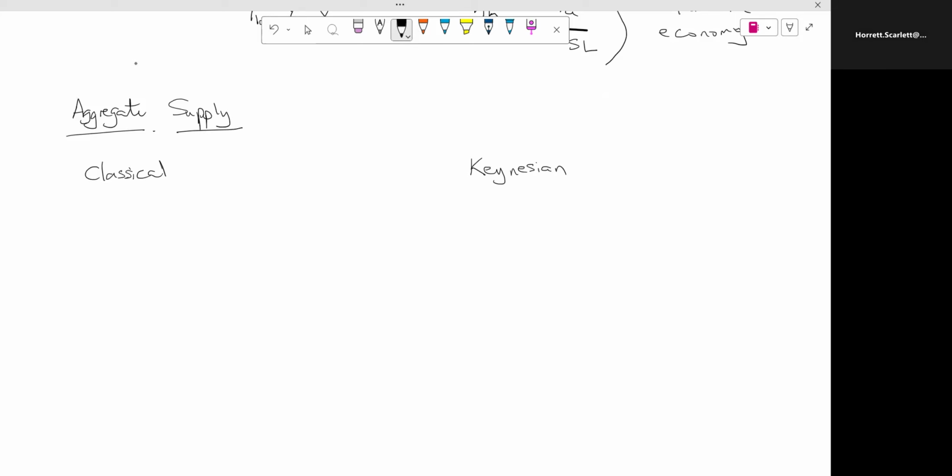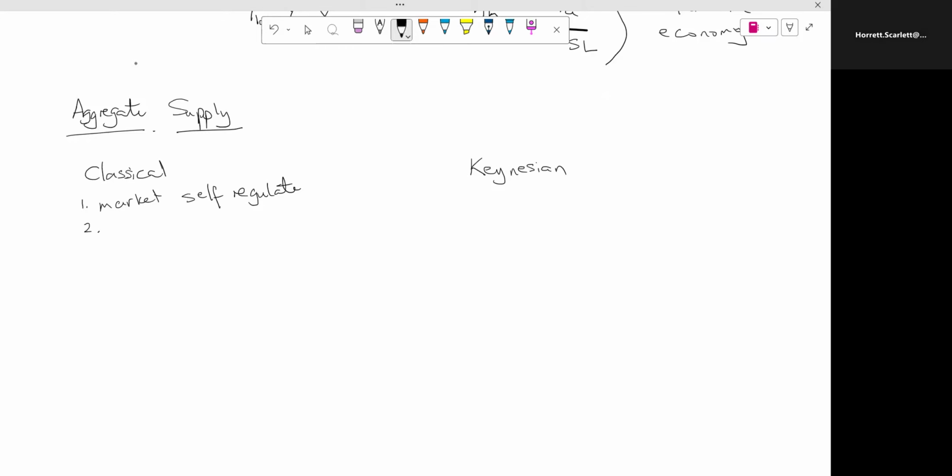So let's have a quick look at the classical view. In the classical view, the belief is that markets are self-regulating. In other words, let us leave the market forces to do what they will, and things will balance out. So that's one assumption that guides the classical theory.